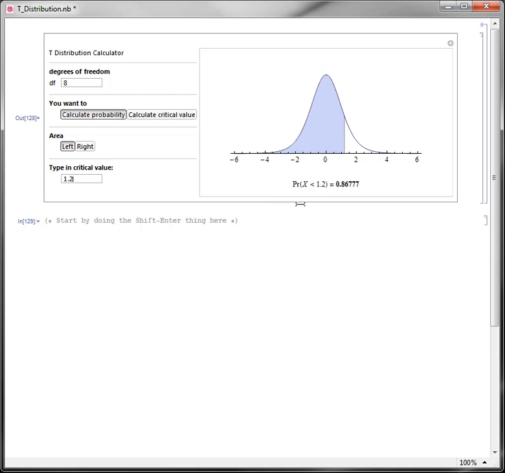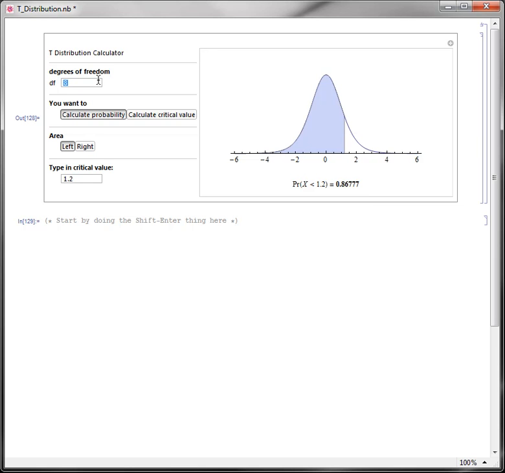The probability that a random quantity x that has a student t-distribution is less than 1.2 is about 86.777%. Okay? If we want to ask ourselves the question instead, what's the probability that a student t-distribution with 7 degrees of freedom is greater than the value 2.3, what would we do instead?